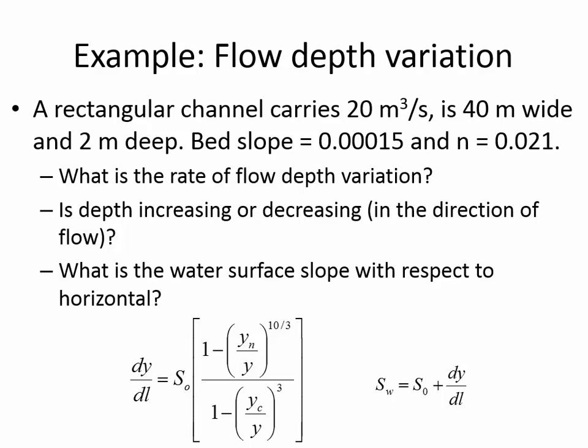So here's our critical depth. Y sub c is 0.29 meters. The normal depth was 0.912 meters. So here's our normal depth. So y sub n was 0.91.